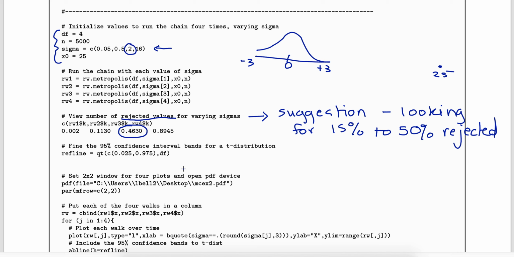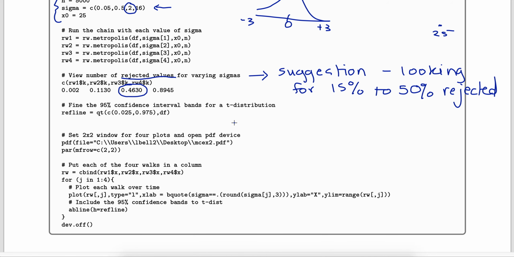Okay. So some of this code, you guys are getting comfortable enough with this, and I've commented enough, you can figure it out. But I'm going to give some plots in a little bit of our random walk and our Markov chain. And just for reference, I'm going to have some bands on there for 95% values for the T distribution.